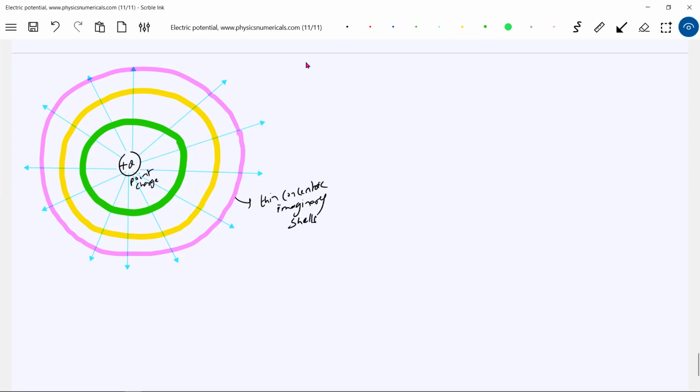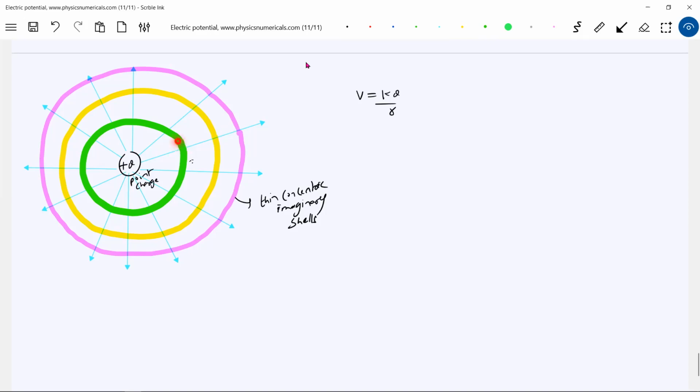So what are you telling, shall I call these equipotential surfaces? Why equipotential? Because due to a point charge, the field will be radially outward. So I'm showing a plane diagram, but basically it's a radial field. So then I'm going to draw concentric shells of different radii.